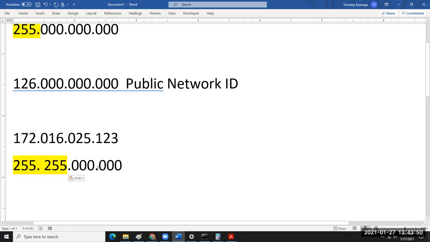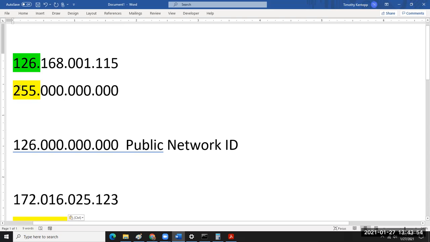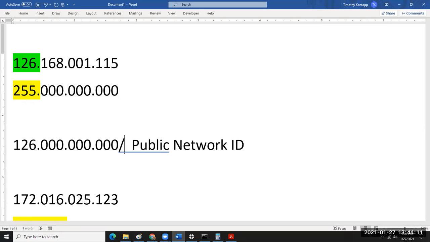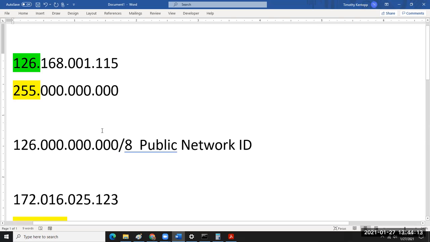And by the way, in shorthand notation, this is called a /8 subnet mask. And typically a public network ID is also written in a manner that includes the subnet mask, except we don't write it all out. We usually just put a slash and then the number of ones in that subnet mask.